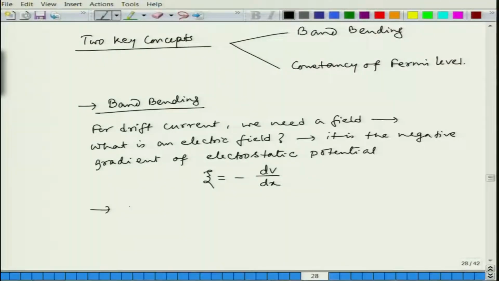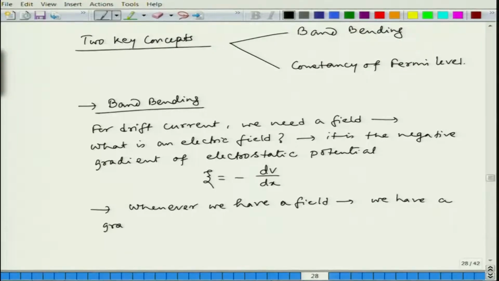So, that means physically that whenever we have a field, or we say that a field is applied, that means we have a gradient in potential. If the potential is flat, then we do not have a field. When the potential has a gradient, then only we can have a field.